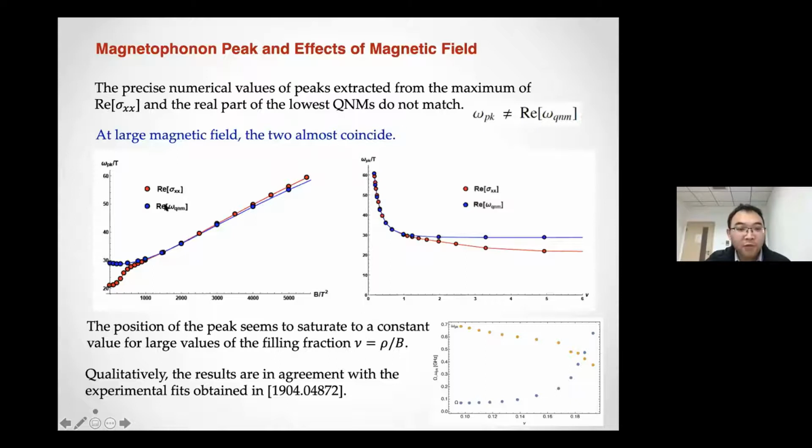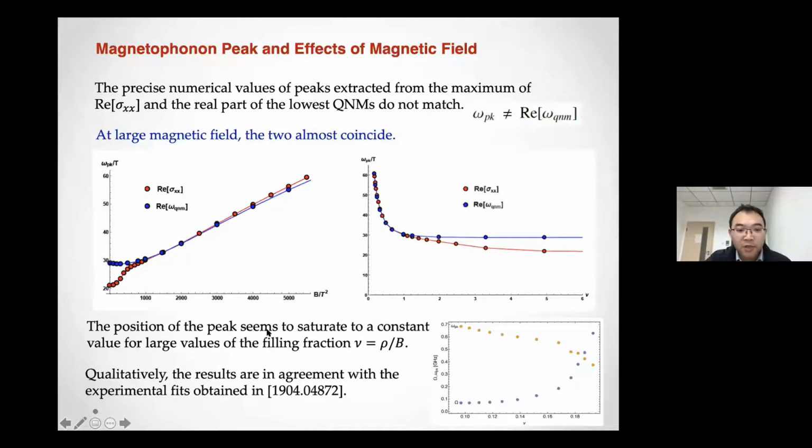Here, the red curve is from the peak of the real part of the conductivity, and the blue dot is from the quasinormal mode. You see they match at larger magnetic field. That's why we can understand the behavior of the peak as a function of magnetic field from the quasinormal mode.